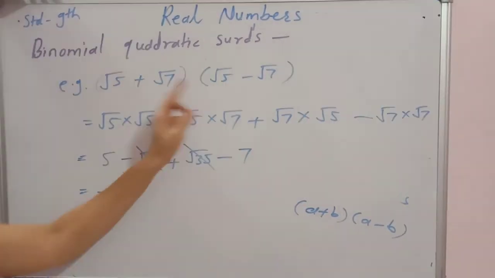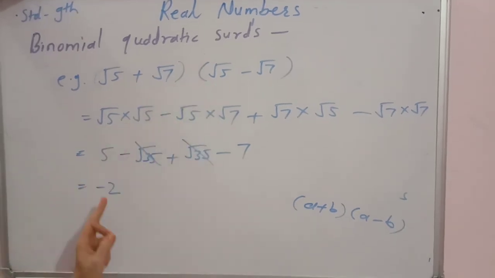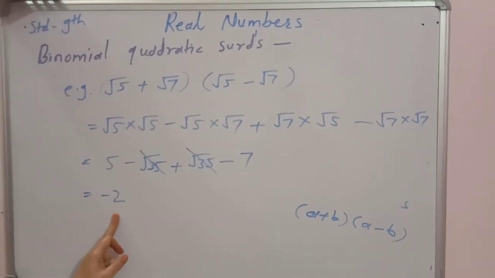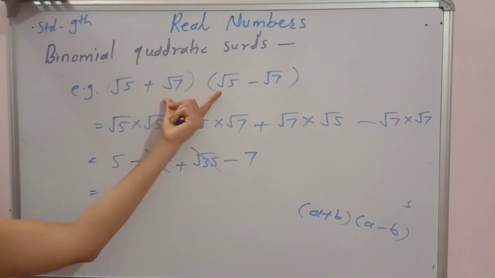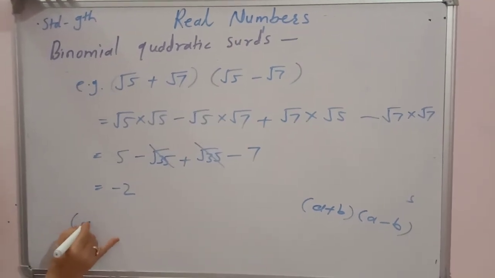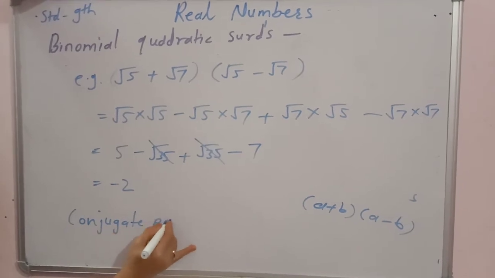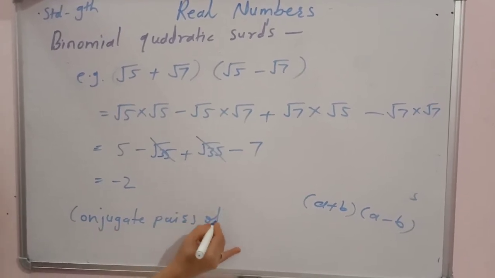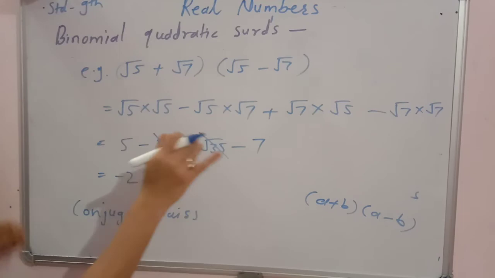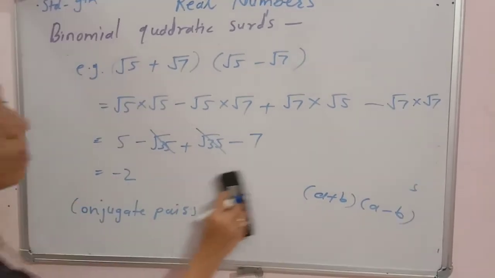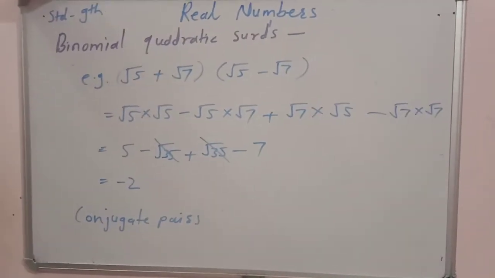This means the product of these two surds is a rational number. In this case, these two surds are known as conjugate pairs of each other. How can we define it?